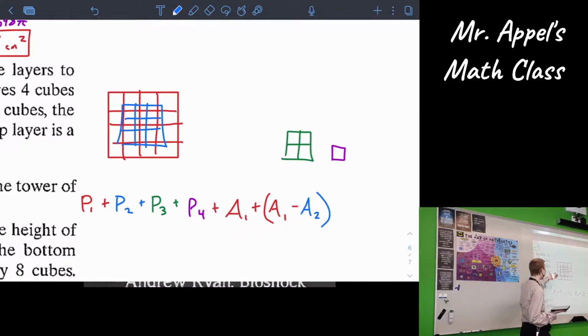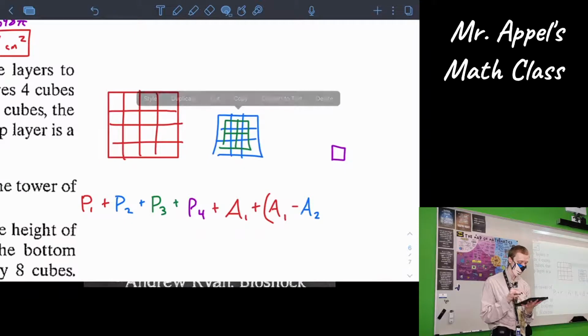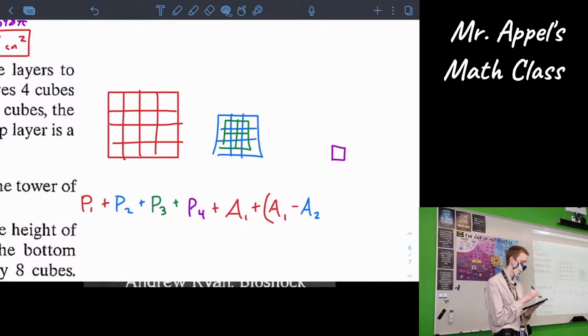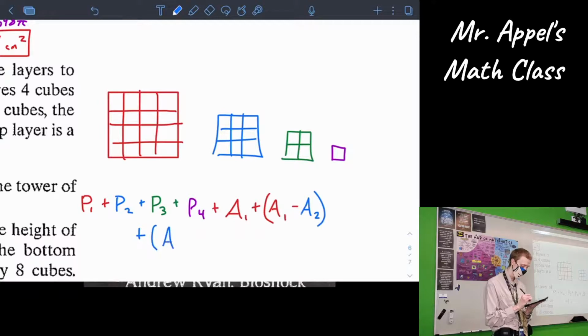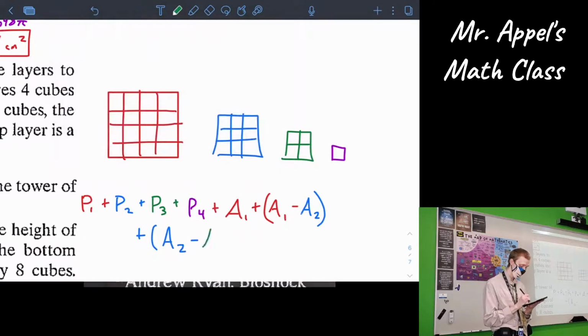Then we don't get to see the bottom of the blue layer at all, right? Because it's up against the red layer. How about the top of the blue layer? Well, the top of the blue layer is also covered by the green layer. So we've got the sides taken care of, but now I need to add the blue layer minus the green layer.